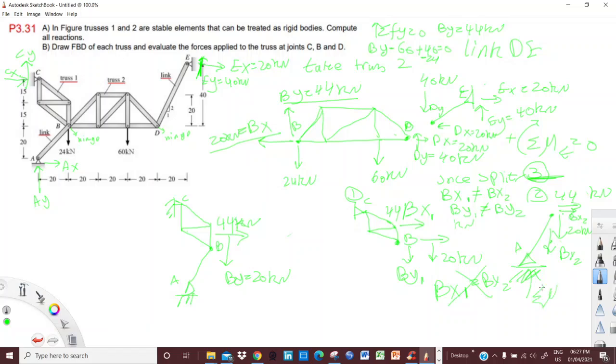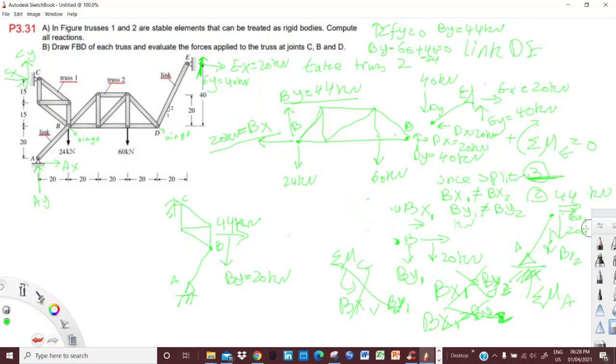Even if I did summation of moment at C to find bx1 and by1, that's wrong, because you say that bx1 is equal to bx2 and by1 is equal to by2, which is wrong.